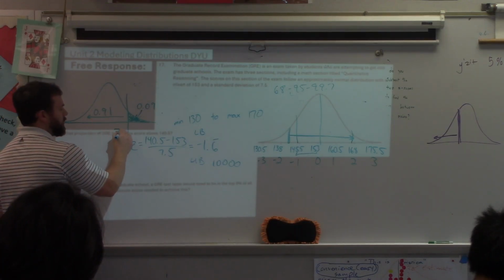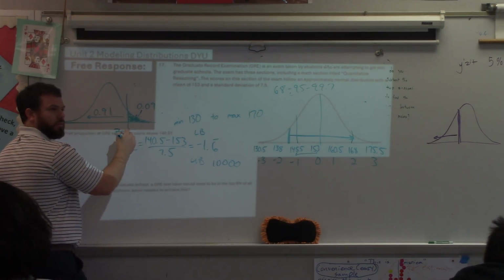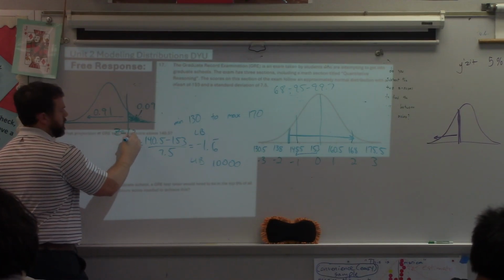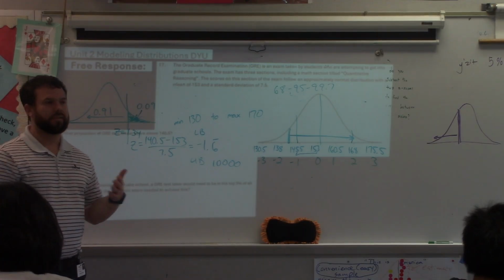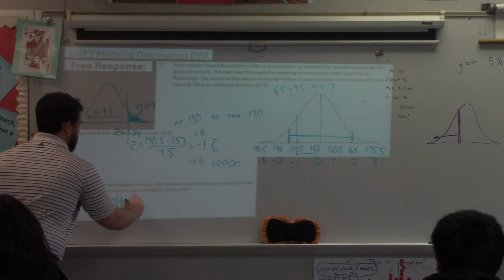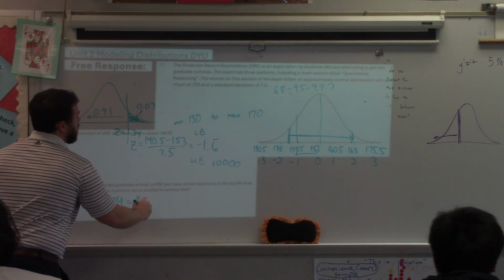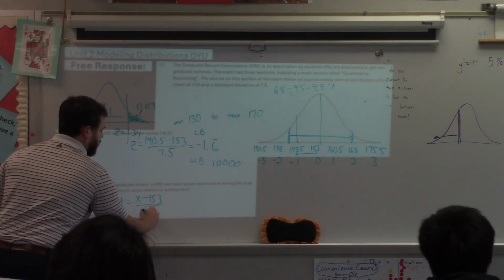I think that z-score came out to be 1.34. So there's your z-score, equal to the value minus the mean of 153 divided by the standard deviation of 7.5.